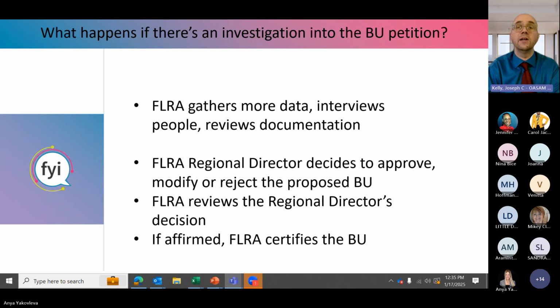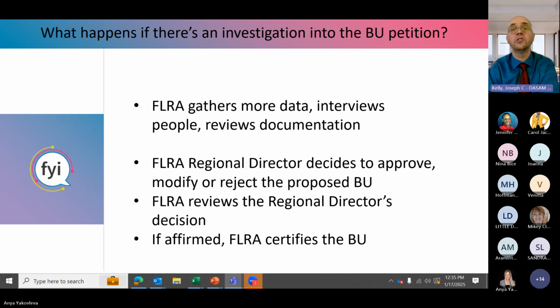So what happens if there's an investigation into the bargaining unit petition? So the FLRA gathers more data, it interviews more people, and it reviews more documentation to fact find and gather enough evidence to make that determination of whether it makes sense to lump these employees together.